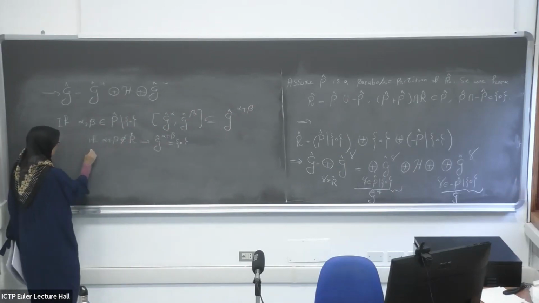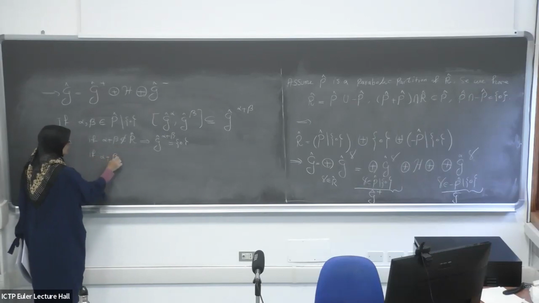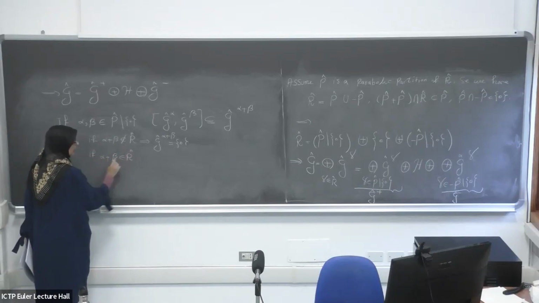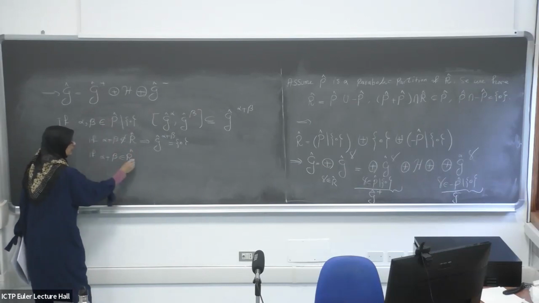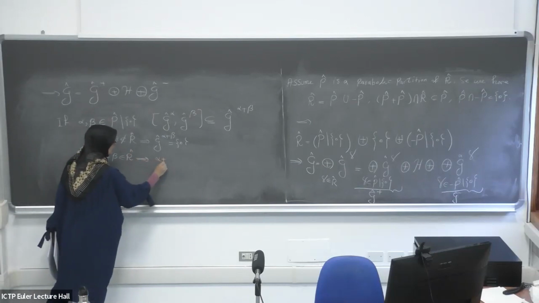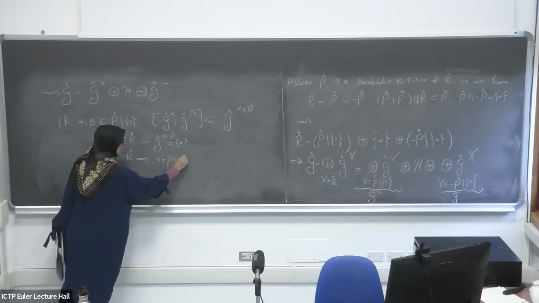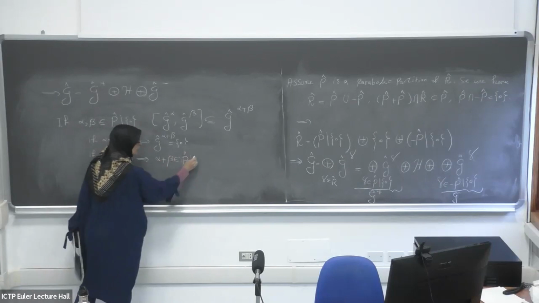But if alpha plus beta is an element of R hat, because of the property that P hat has, it means that alpha plus beta is an element of P hat, and for sure it's not 0.